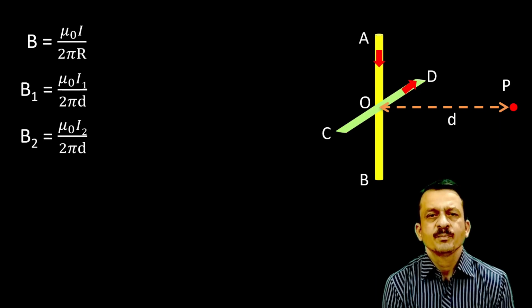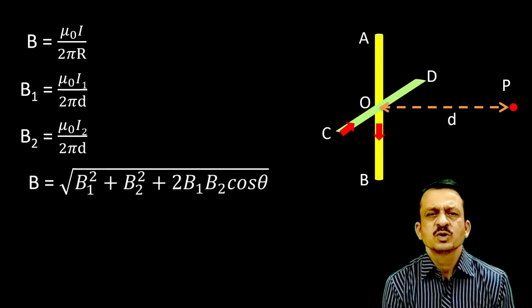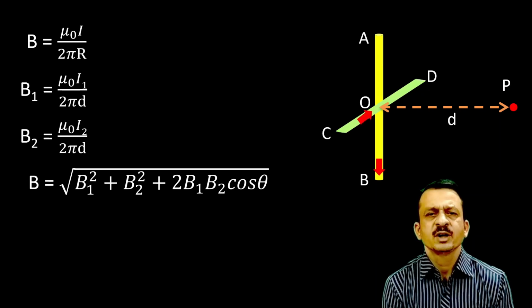Since the two conductors are mutually perpendicular, the directions of the magnetic fields from these two conductors at the point P are mutually perpendicular: B1 perpendicular to B2. Now we have to calculate the resultant. The resultant is equal to the square root of B1 square plus B2 square plus 2 B1 B2 cos theta. Now theta is the angle between B1 and B2.